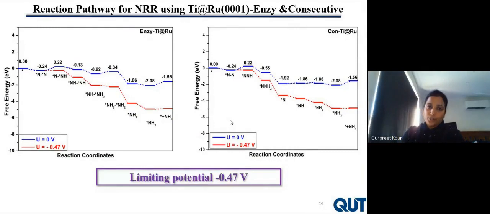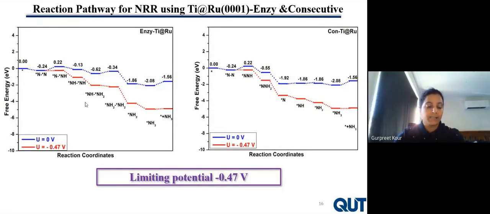In addition to vanadium, we also selected titanium for further analysis. Here, it's an enzymatic pathway and a consecutive pathway. The reaction pathways are very similar to what we studied in the case of vanadium doped ruthenium 001.